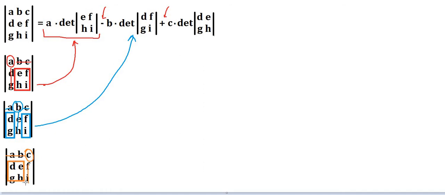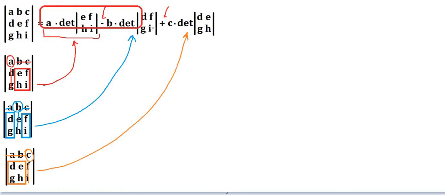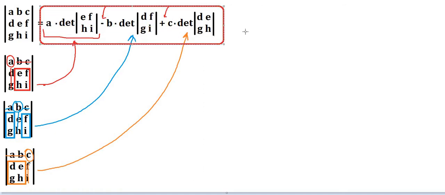The leftover is your 2 by 2 matrix, and the C entry times that 2 by 2 matrix's determinant will be your total equation. So this is how we take the determinant of a 3 by 3 matrix.